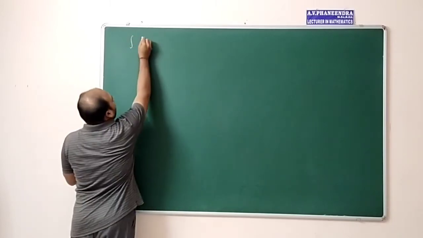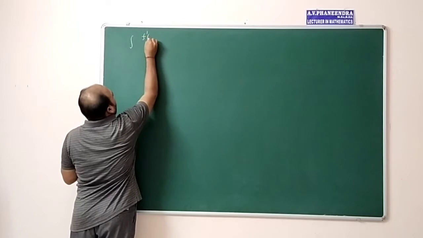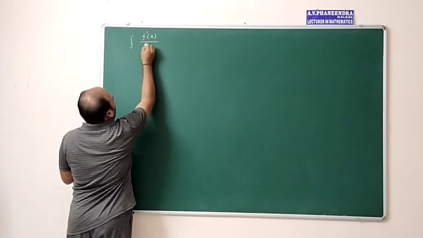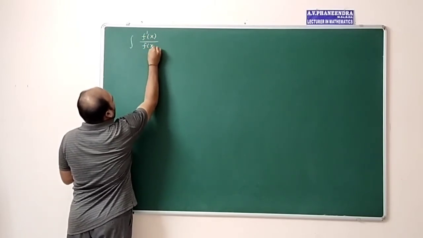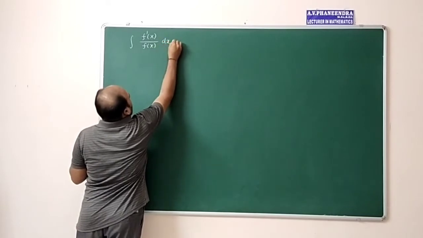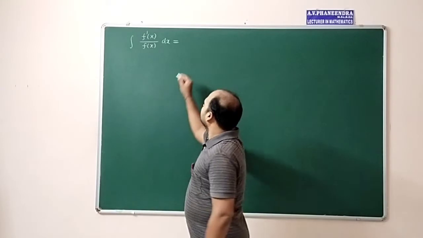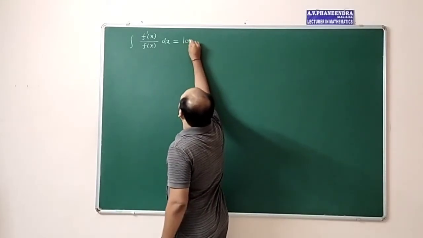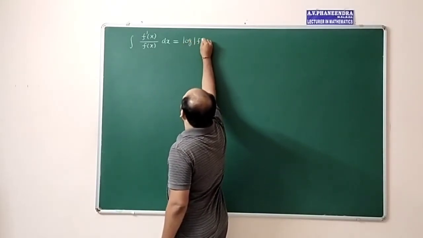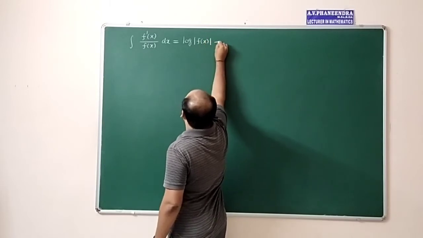Integral f dash of x divided by f of x into dx is equal to log mod f of x plus c.